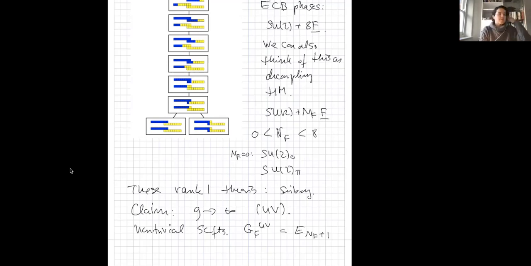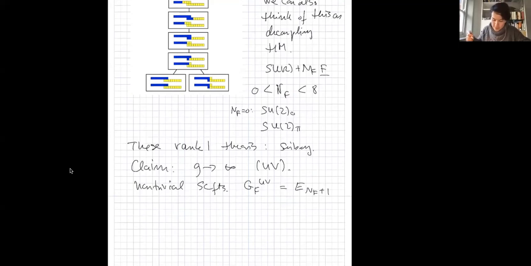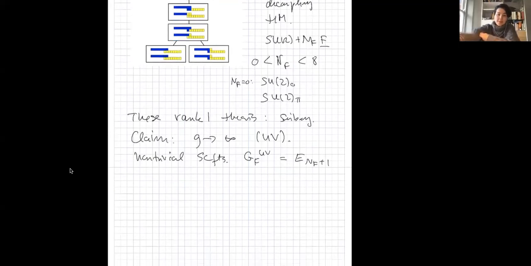And that's where we need sort of a framework to interpolate between these IR descriptions, the Coulomb branch physics, and actually going to the strong coupling. And that's what's taking us to the next step, which is understanding how to do some more geometry, because clearly just using this Coulomb branch approach won't tell us anything about the g goes to infinity limit.